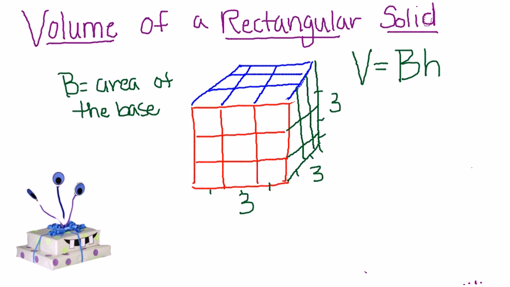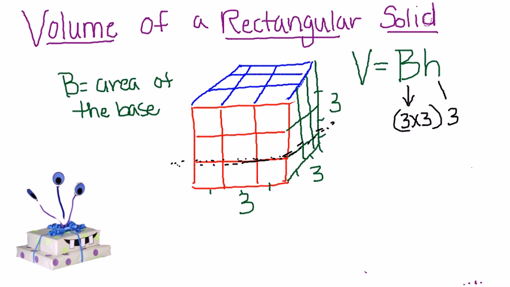If we cut off the top portion and just look at the base, what would the area of our base be? It's going to be a square, 3 by 3, so the area of our base would be 3 times 3. And what's our height? It also happens to be 3.